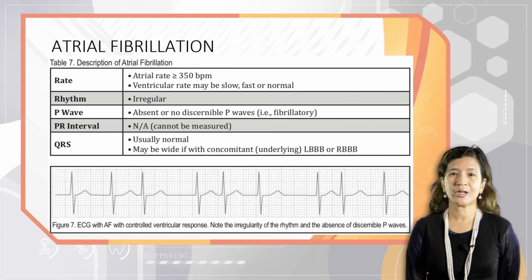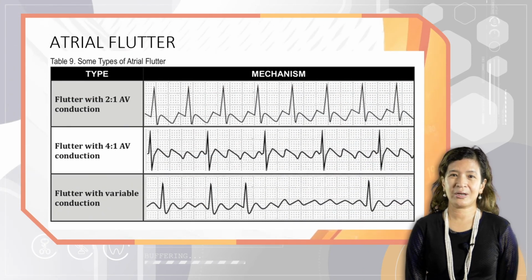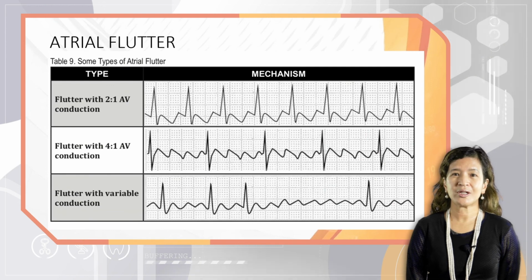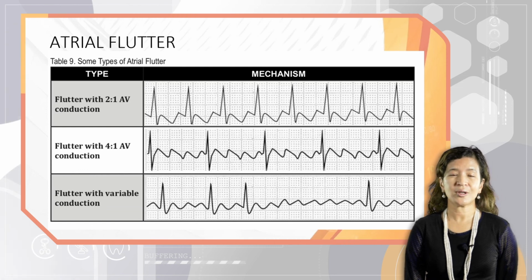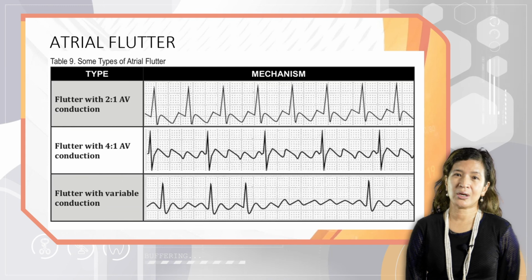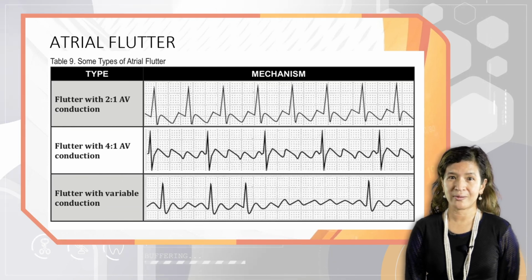It is closely related to a cousin rhythm called atrial flutter, another type of atrial tachyarrhythmia where the atria are pumping at 300 to 350 beats per minute. And in atrial flutter, you have the sawtooth appearance representing the flutter waves.